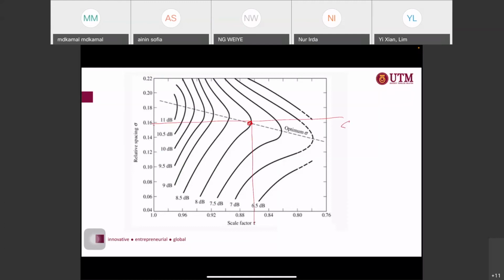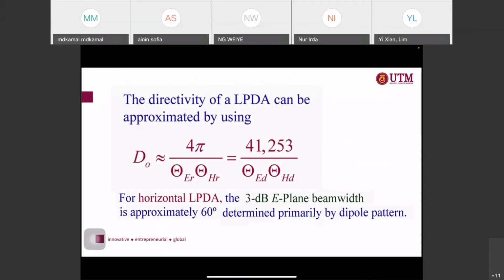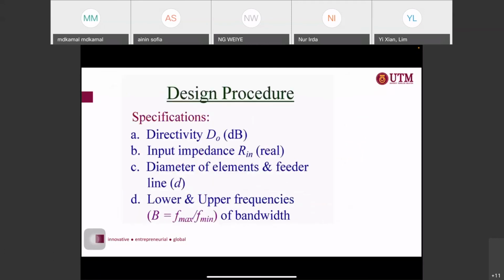This is the sigma optimum, so you need to find the optimum, and from there you can find the tau, and then you can find your sigma value. Once you have this particular value, you can find the rest. And then this is the directivity that you can find if you know the theta in the E plane as well as the H plane, so you can find the directivity of your log periodic dipole.